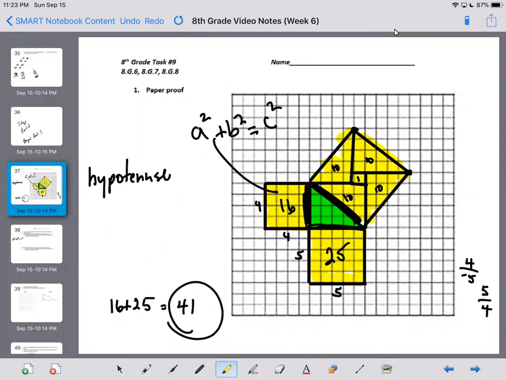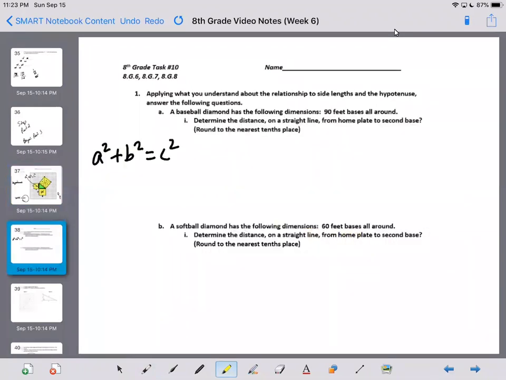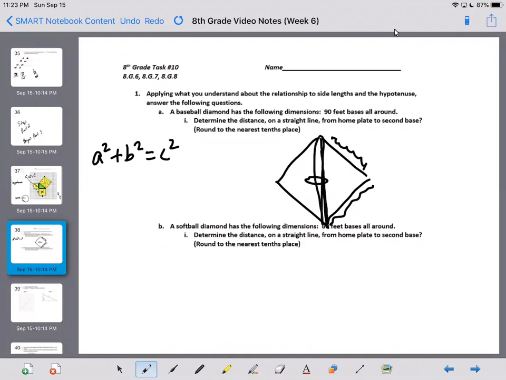So when we use that formula, in baseball, if I have home plate or the pitcher's mound, I've got this distance here and this distance here. The catcher's throwing from home plate to second.